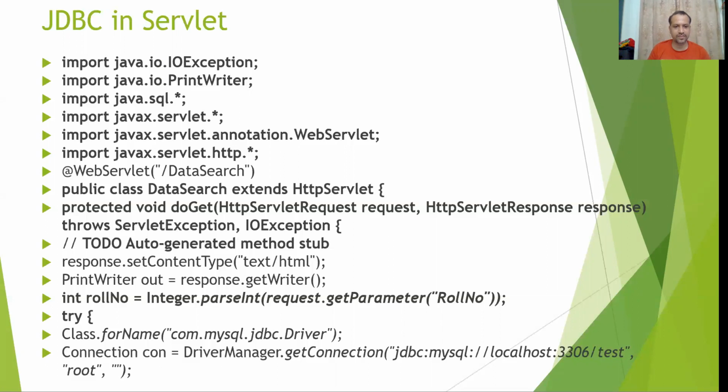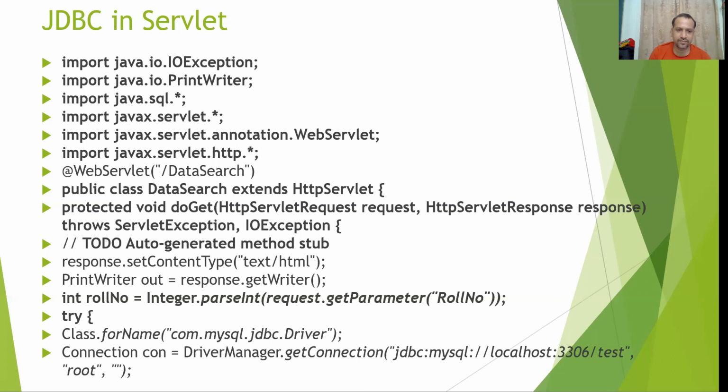Now we have to implement one method, either the doGet method or the doPost method. I'm working with Eclipse, so by default it provides the definition. It gives the method definitions of both doGet and doPost. In my code, I have called the doGet method inside the doPost method.